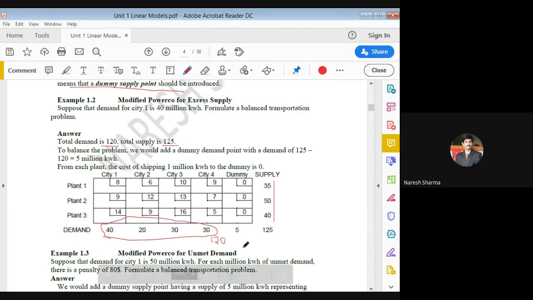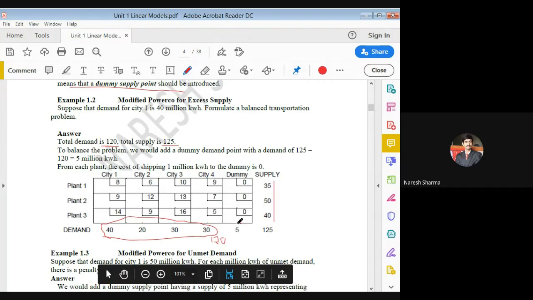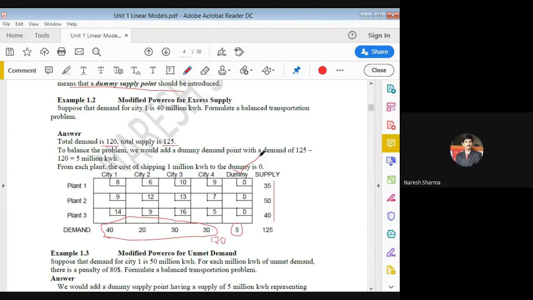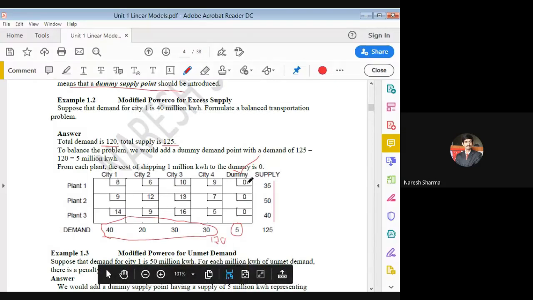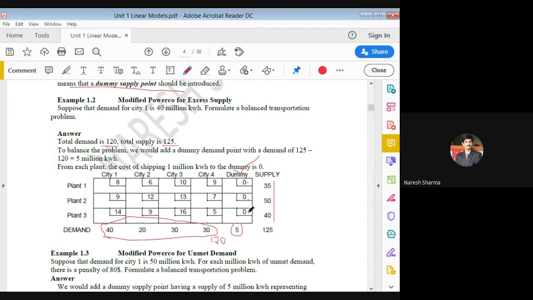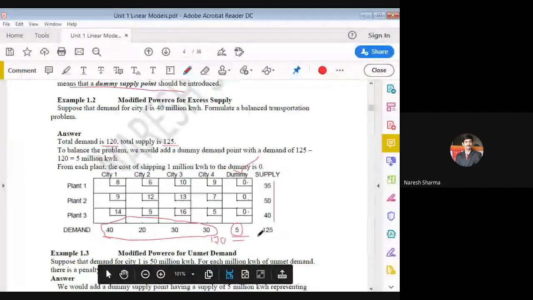To balance this, we require 5 more units. So we add one dummy column. If demand is less, we add one column called a dummy city, and the cost to supply from all plants to this dummy city is 0. We add the 5 units we need to send, so that 120 plus 5 is 125, and we can balance our problem.